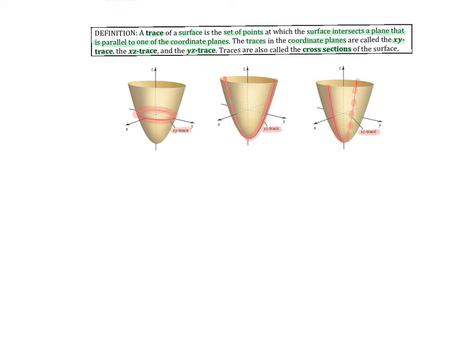With the YZ plane, it's the YZ trace. And with the XZ plane, it's going to be the XZ trace. So these traces or cross sections, we typically use to help us graph and get a better idea of the picture of our equations.